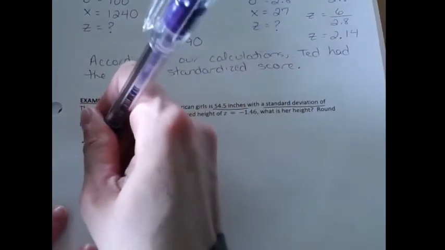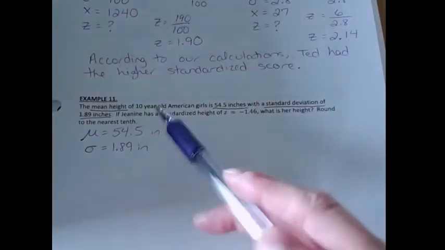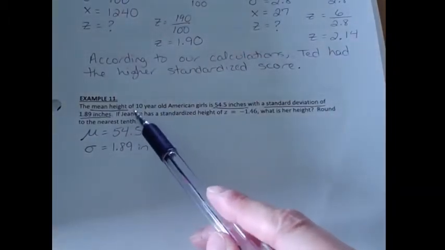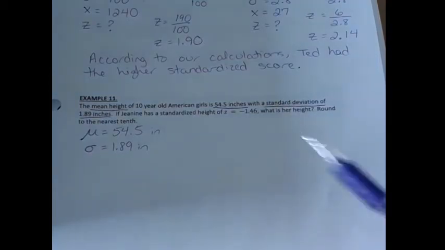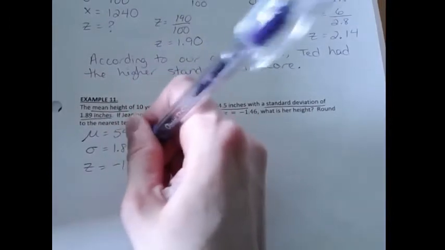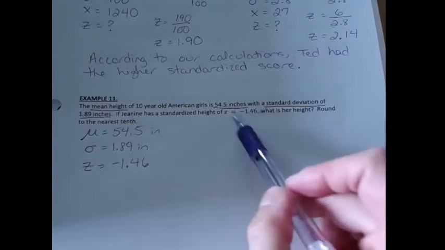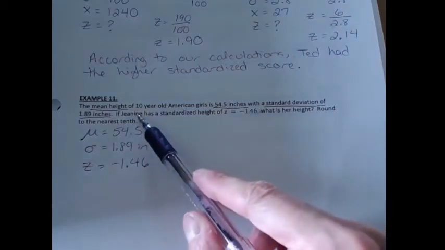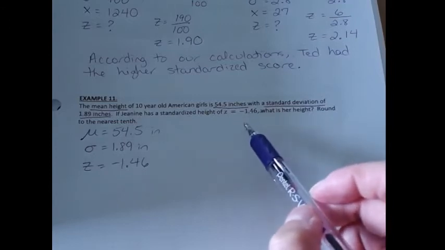So sigma is 1.89 inches. Now Janine, one person in particular, has a standardized height of z is equal to negative 1.46. So z equals negative 1.46. Essentially what this implies is that Janine is shorter than the average 10-year-old girl.